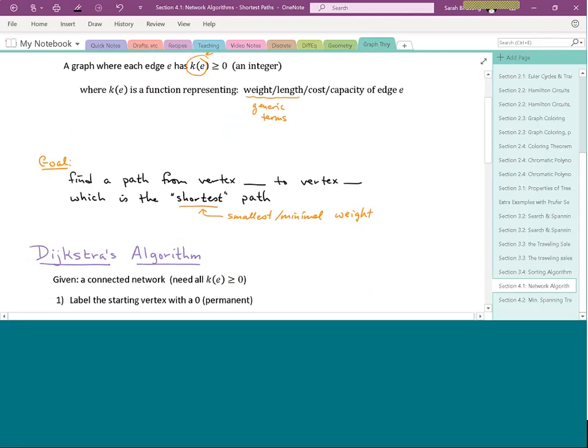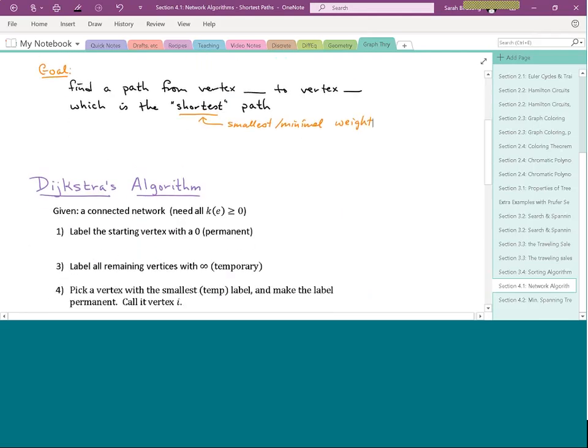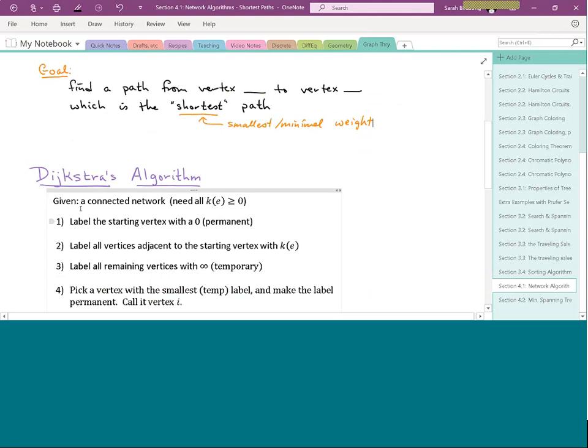All right, if we look at Dijkstra's algorithm, here's what you start with: some sort of connected network. At the end of the day, Dijkstra's algorithm is going to give you a path between two vertices that has the shortest length between those two vertices. Just because of how it progresses, it will also automatically give you a minimal spanning tree, a spanning tree that has minimal weight.